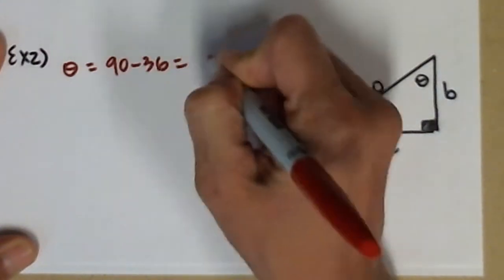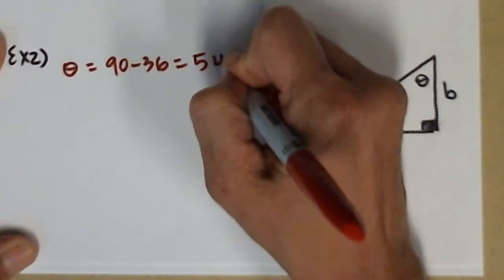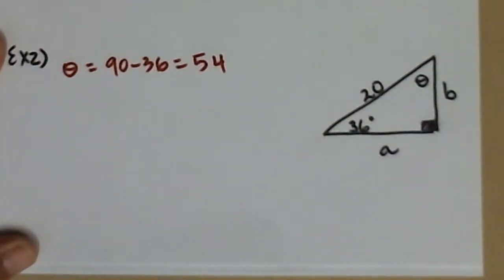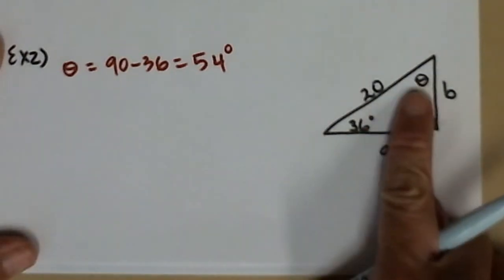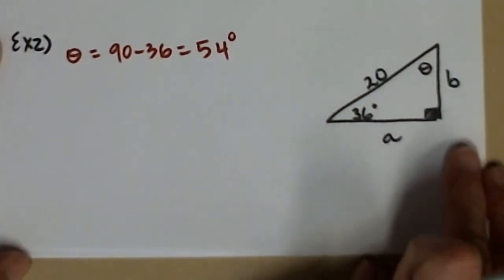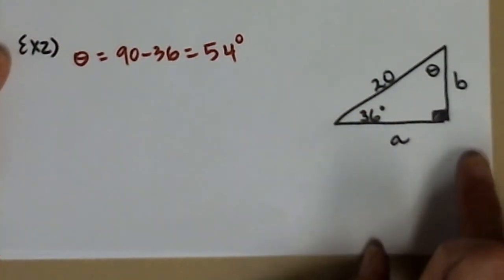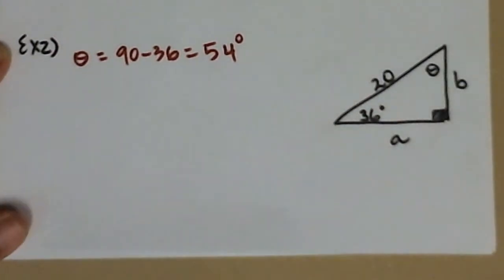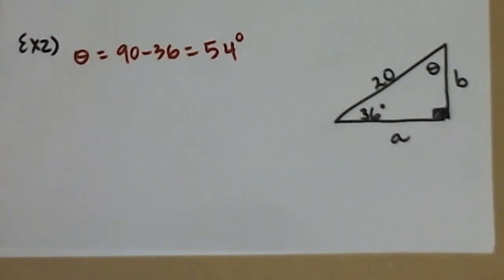So what is that, 54? So 54 degrees for theta. Another Greek letter. Not sure how it came to be that we use Greek letters for angles, but most people do. So now I have all of my angles, but I have to find my sides.